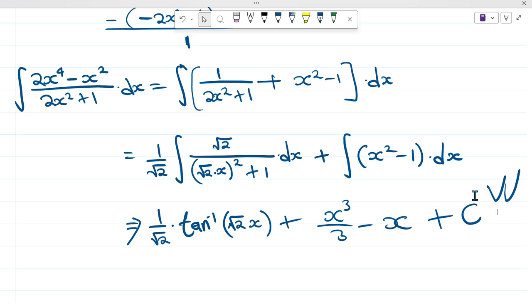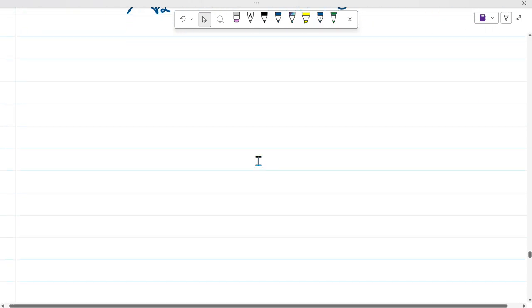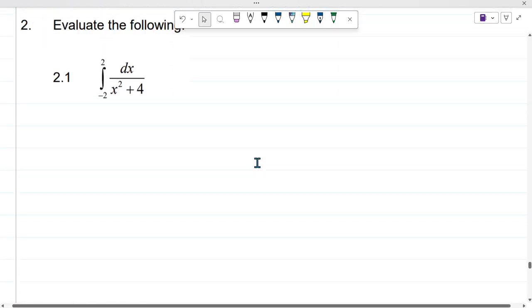So yeah, let's check if we can integrate something else down there. Now let's just quickly do some of the definite integrals. So let's see if we have some definite integrals here. Yes, we do.